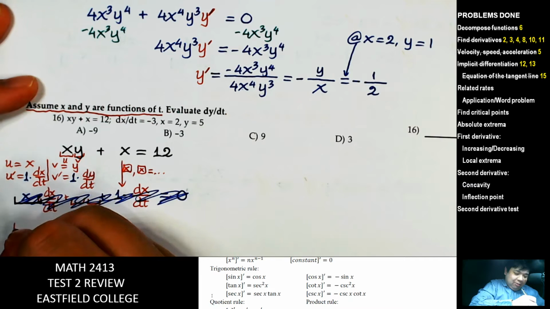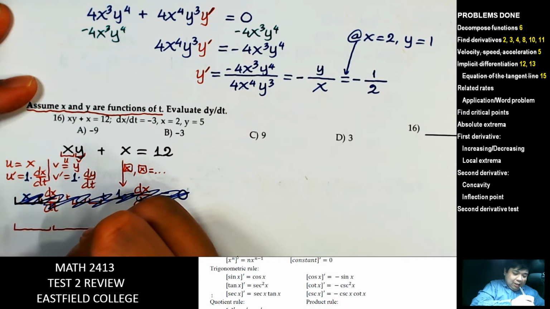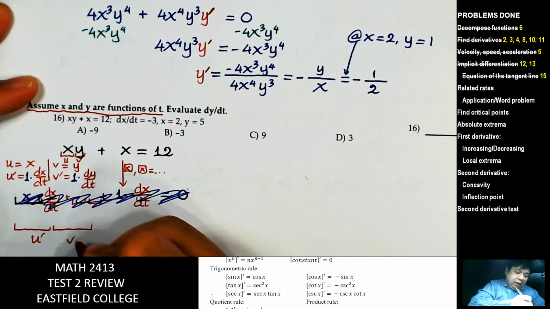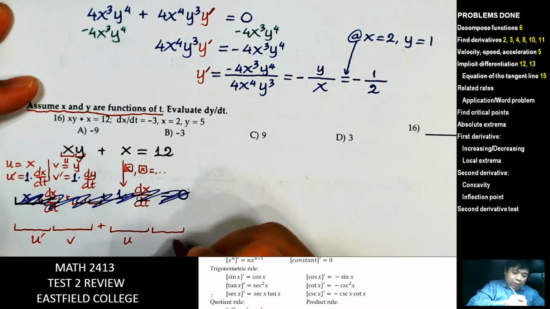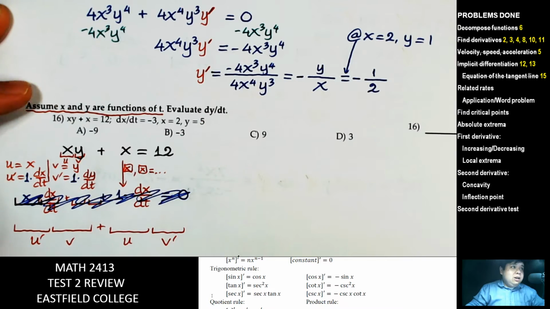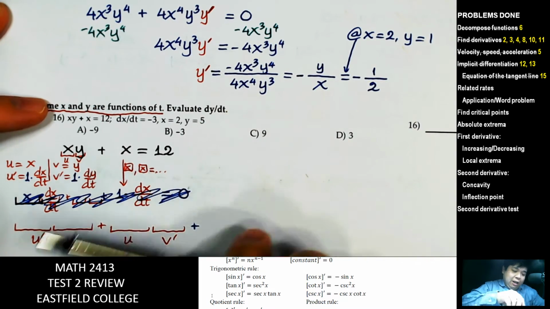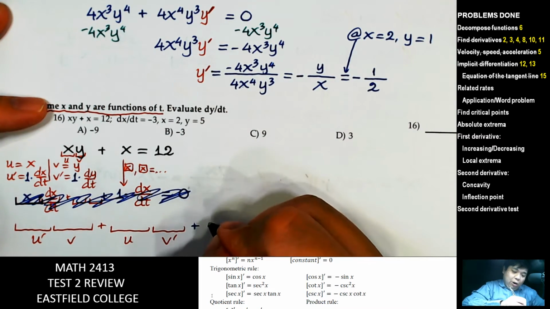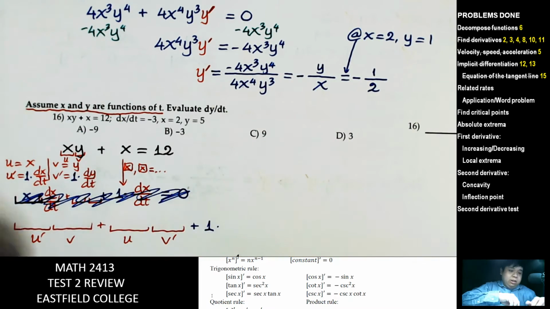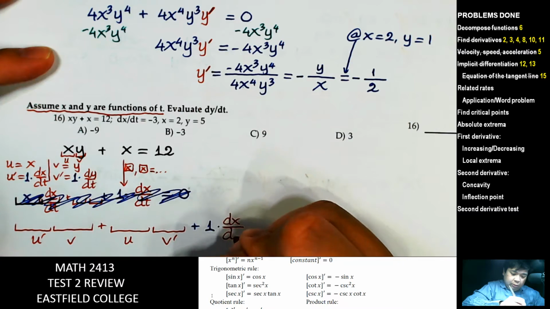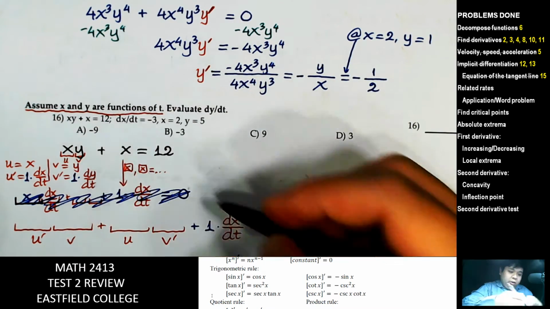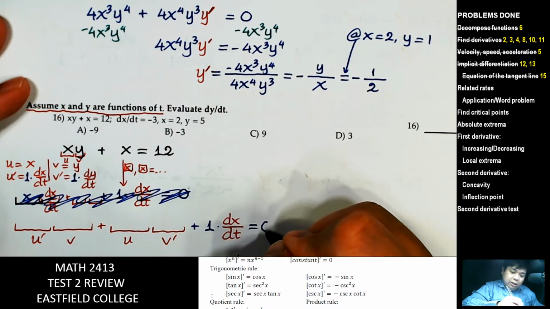Right, u prime v plus u v prime, and then this will be 1 dx over dt, derivative of 12 is 0.